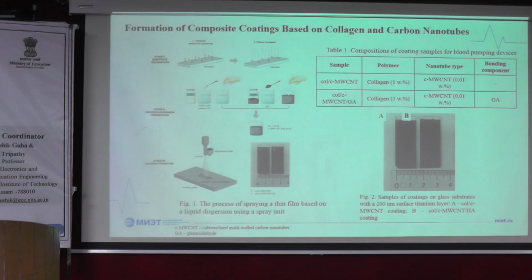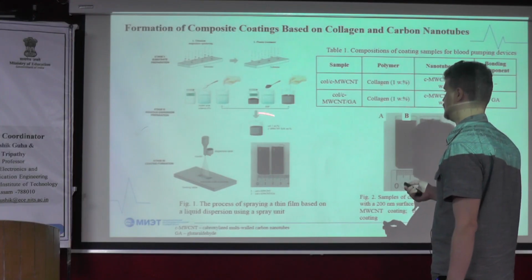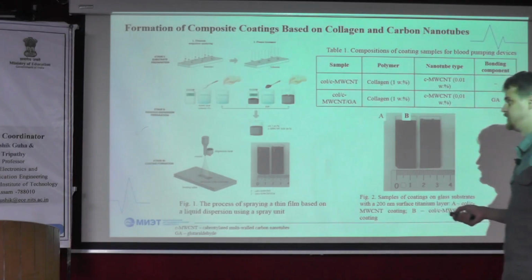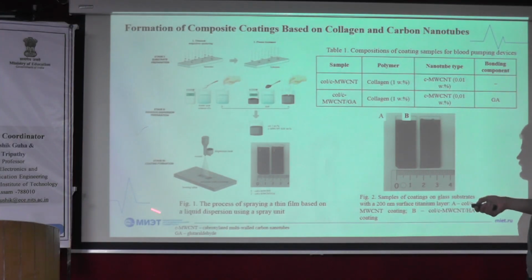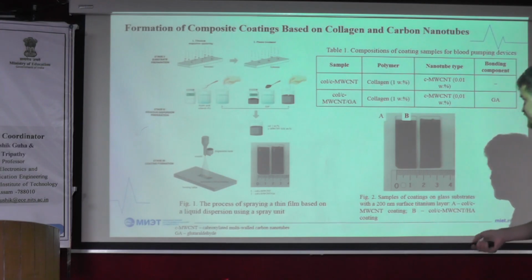So there was a functionalization of the carbon nanotubes, and the final solution that contained the 0.0 weight percent of the carbon nanotubes used for the further distribution of that film across the substrate that we've just prepared at the first stage. And this is basically how the samples look like.